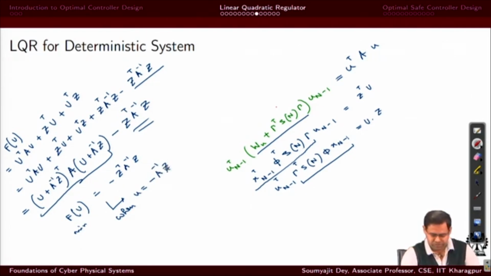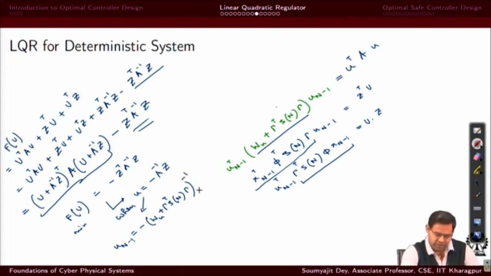Okay. So what does this mean? Now we can write that u is u n minus 1, and what is A inverse? So this is my A, right? So W u plus gamma transpose Sn gamma. So fine, that's my A, right?